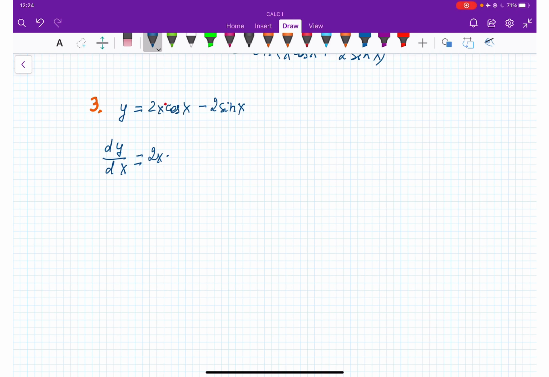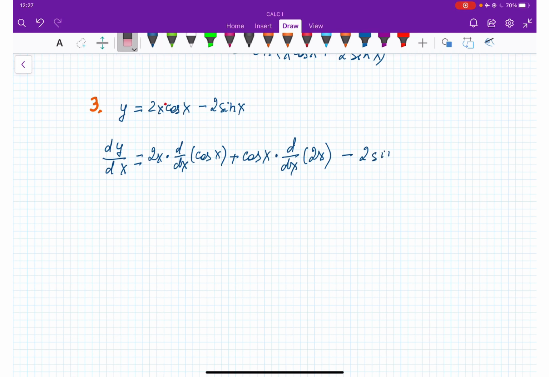multiplied by d by dx for cosine x, okay, plus cosine x multiplied by d by dx for 2x, and minus 2 sine x.